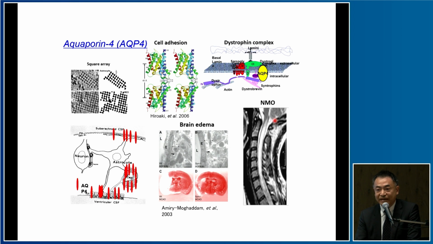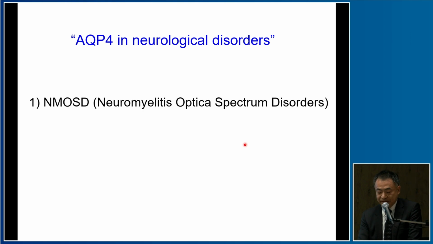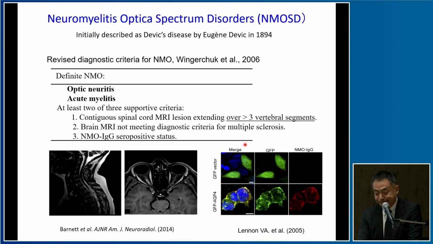The patients have an autoimmune antibody against aquaporin 4. So today, I'm going to focus on aquaporin 4 in neurological disorders. First, I'm going to talk about NMO spectrum disorders, second, Alzheimer's disease, and third, ALS.